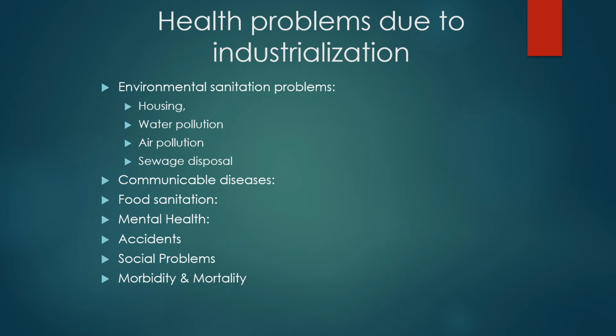So this will lead to some environmental sanitation problems, like housing. Housing is the biggest problem. People who come from rural areas create slums and dwellings which are unfit for living.